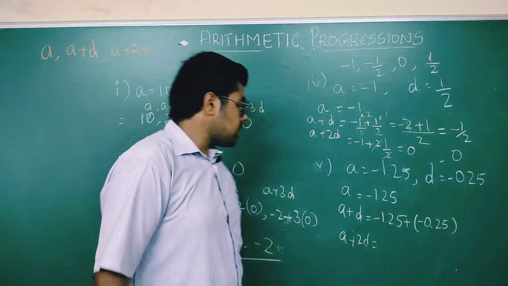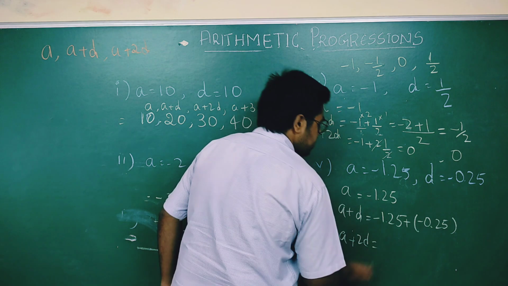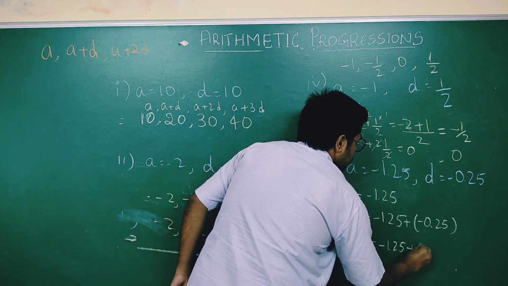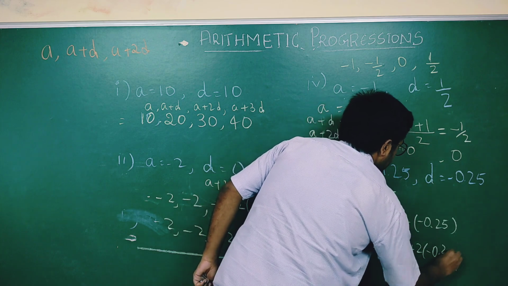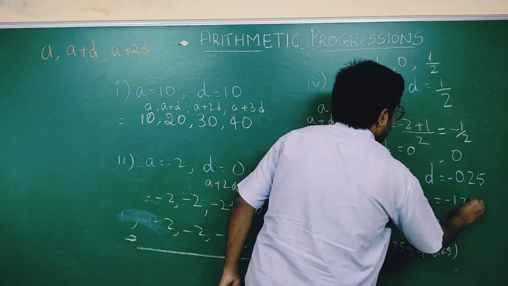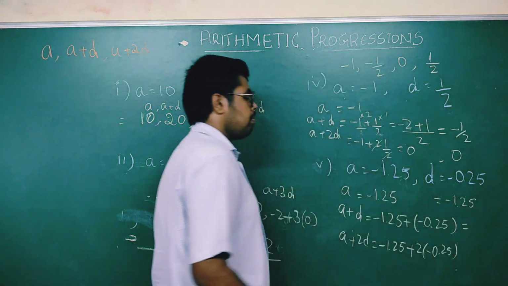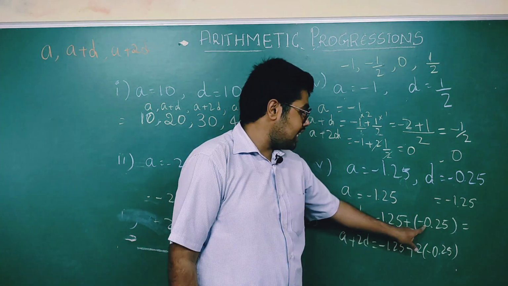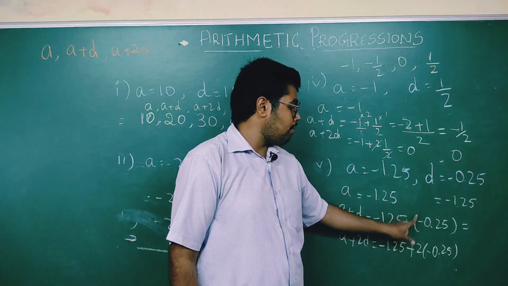Next, if you see A plus 2D, how do I solve A plus 2D? Minus 1.25 plus 2 times minus 0.25, correct? So what is the answer for this? Minus 1.25. What is the answer for this? See, be very careful. Plus into minus is again minus. It is not addition, you are multiplying.